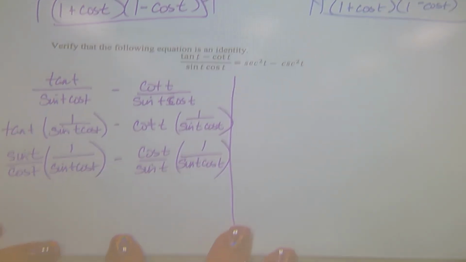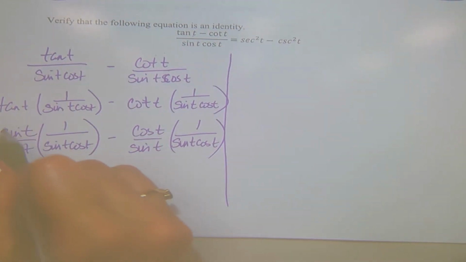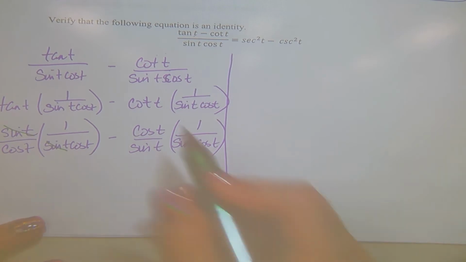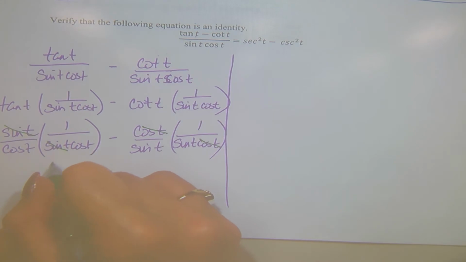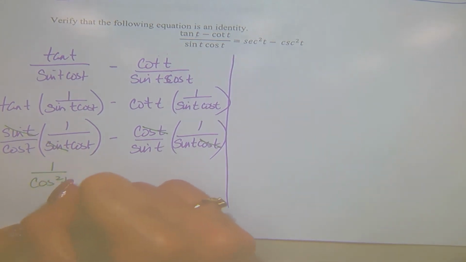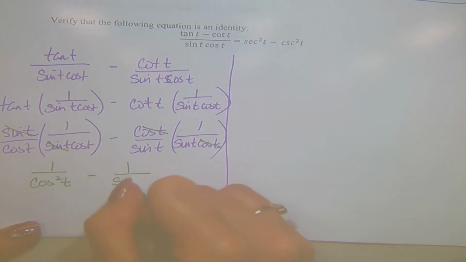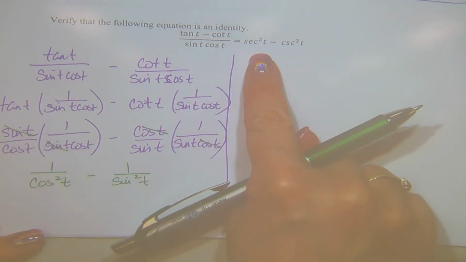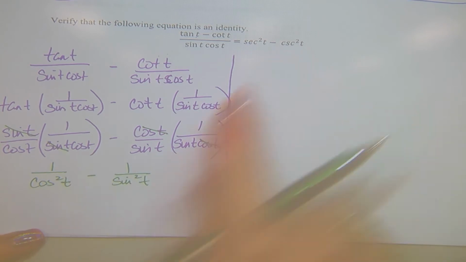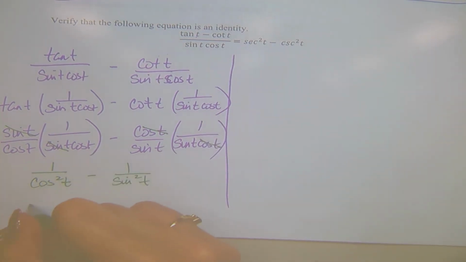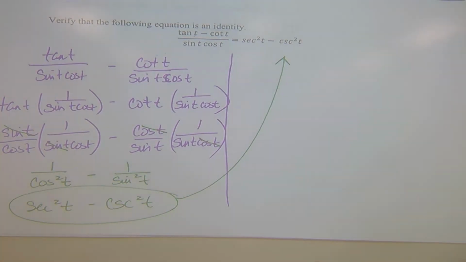Now, I have common factors that I can reduce. Sine t on the left, cosine t on the right. That leaves me with 1 over cosine square t minus 1 over sine square t. I need secant square t minus cosecant square t, and that's what I have. I just need to rewrite it: secant square t minus cosecant square t, because those are both reciprocal functions. And we have verified.